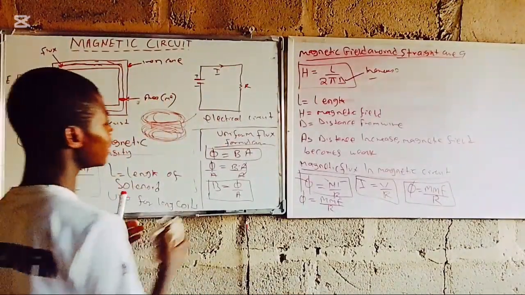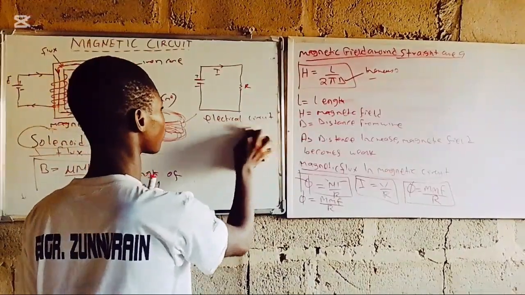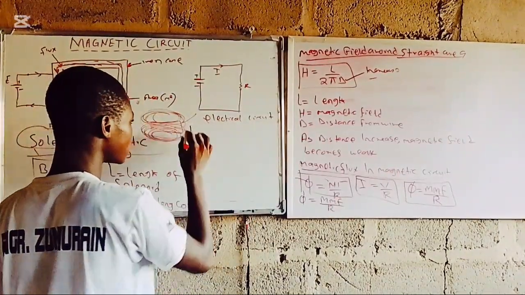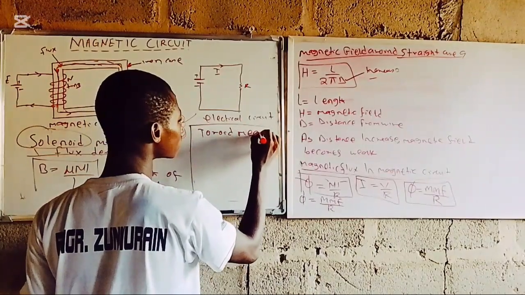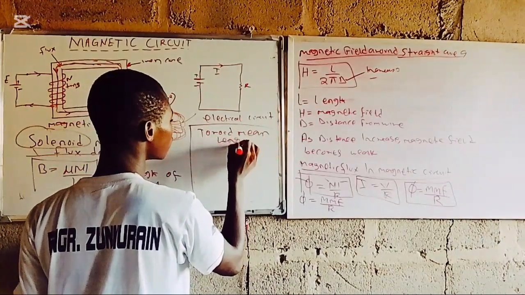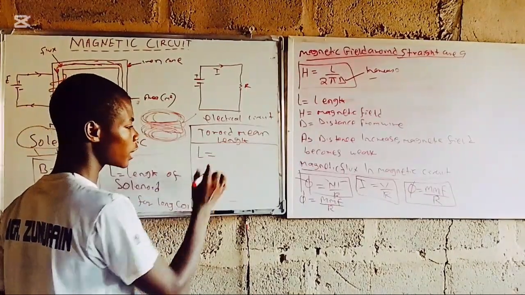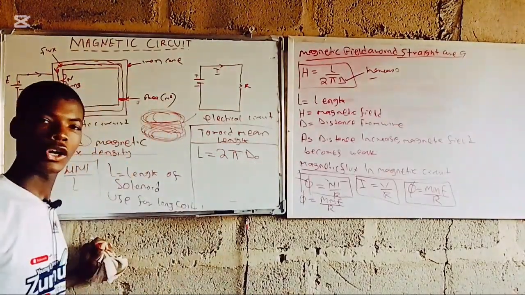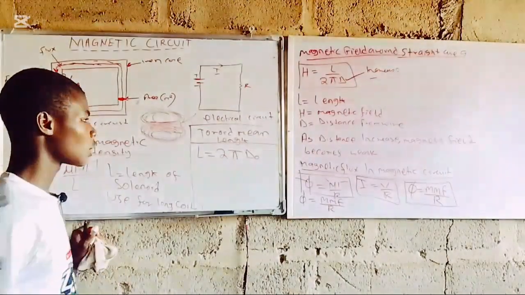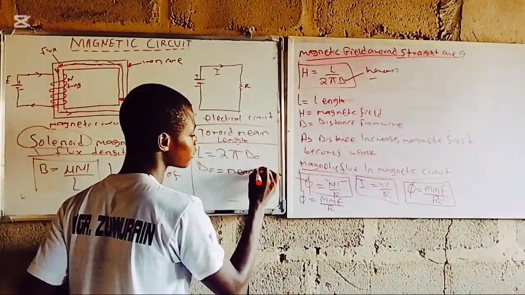So what is the toroid mean length? The length is equal to 2 pi d naught, where d naught stands for the mean.